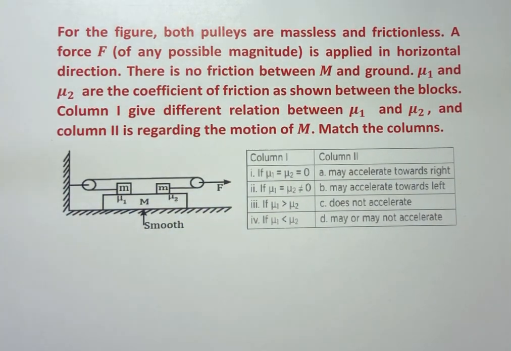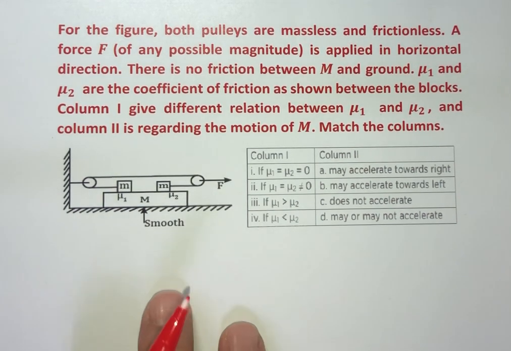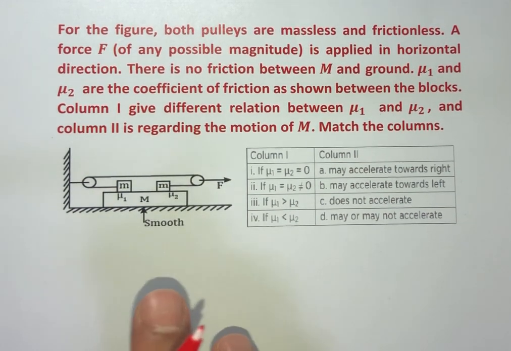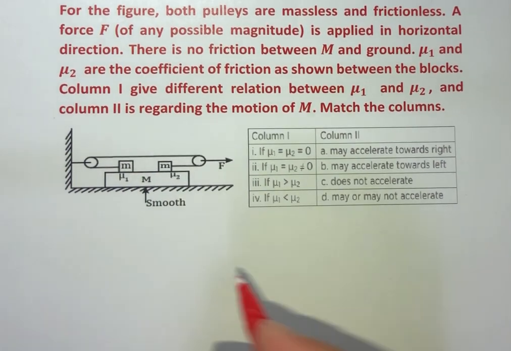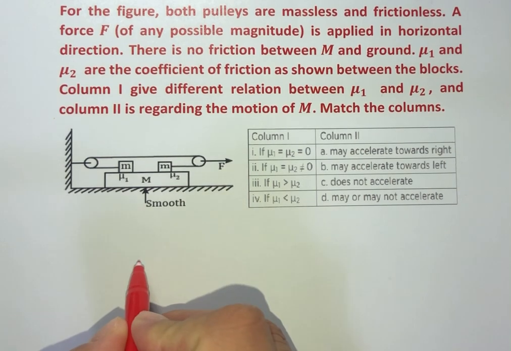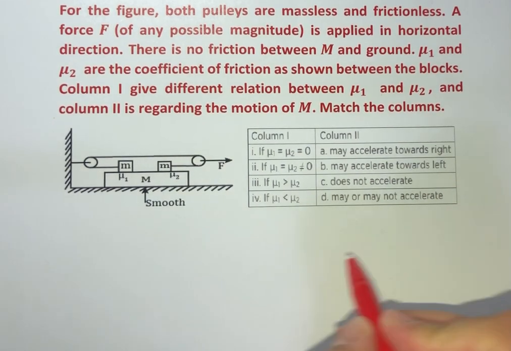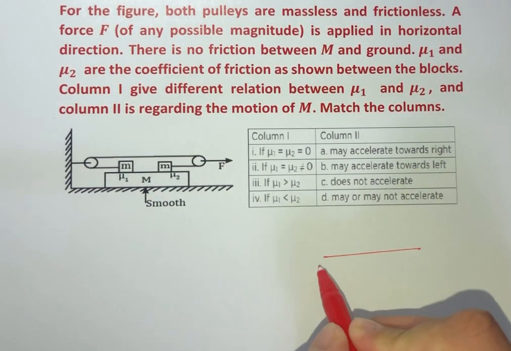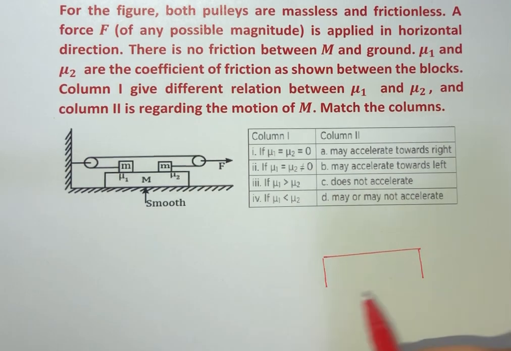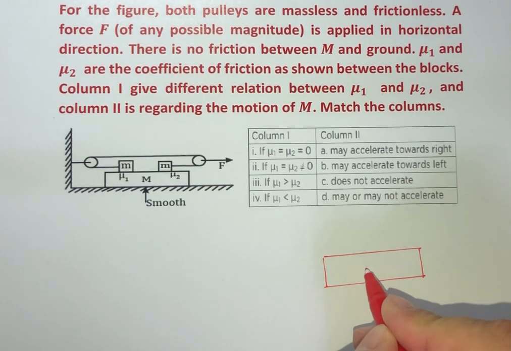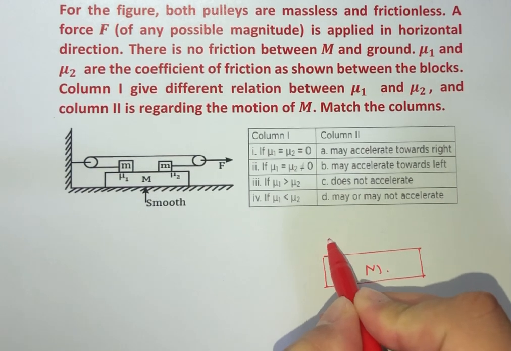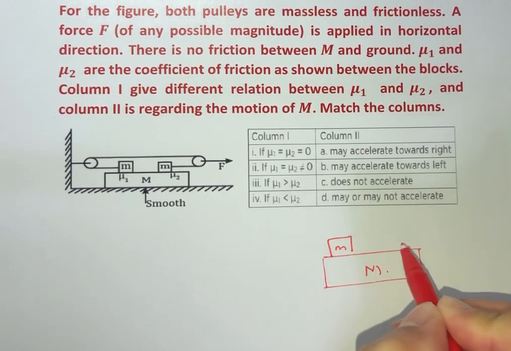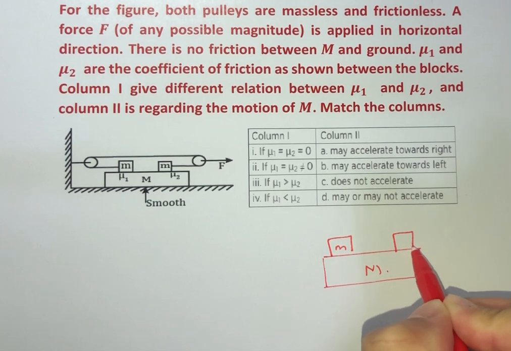So let us first of all find out all the possible friction forces which will be acting between these blocks. Let's draw it here. This is mass capital M, and we have this as small m, as well as this also small m.